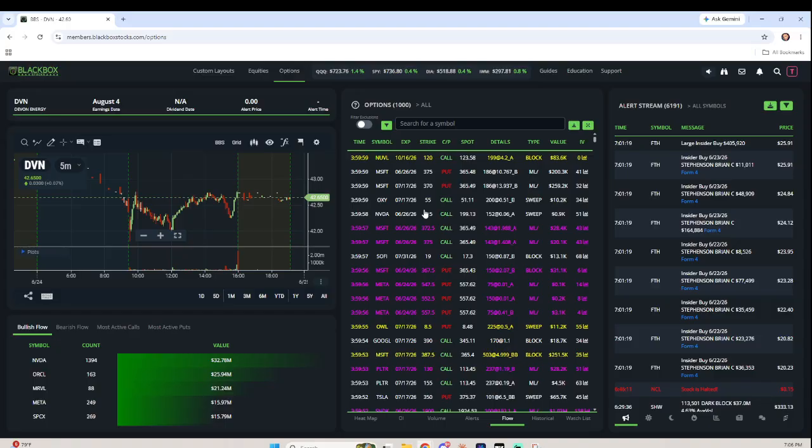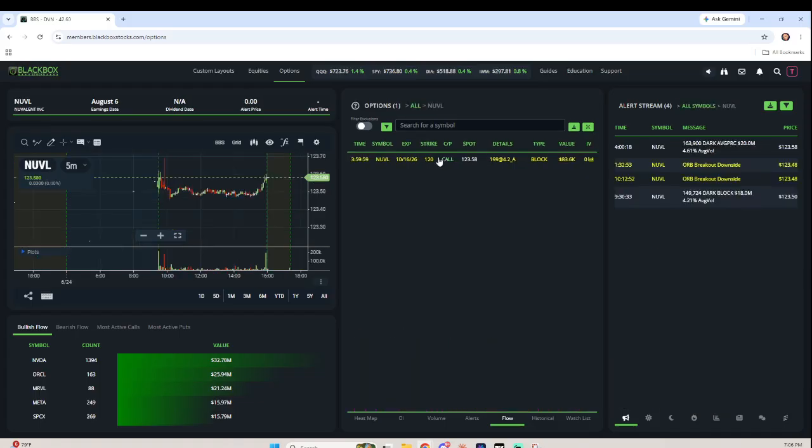A thing I should have mentioned earlier is that options flow is different for every name, right? Microsoft flow, I rarely ever post, because a big order on Microsoft is like 5 million at a minimum. But some random name like NUVL, which I've never heard of, you're not going to see a $5 million order.